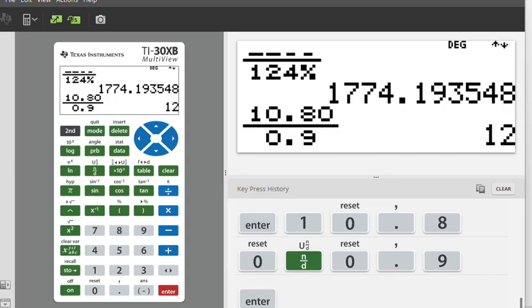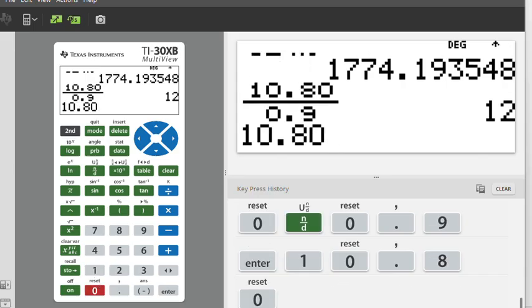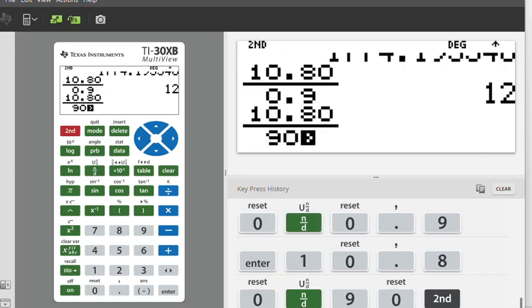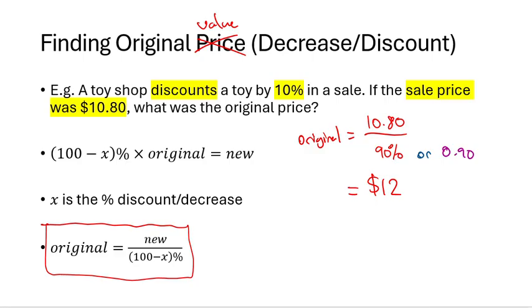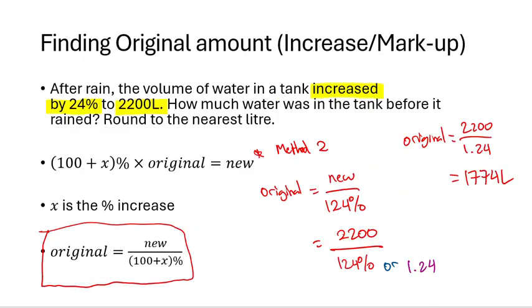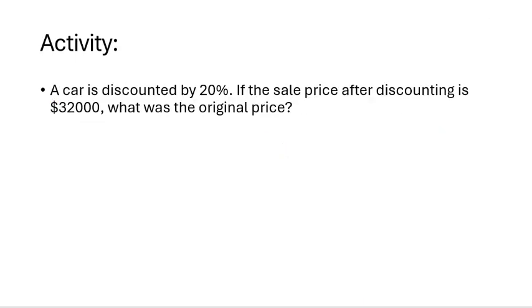Or you could have done 10.80 divided by 90%, and you'll still get the same number. Just make sure you have this in. Very important.